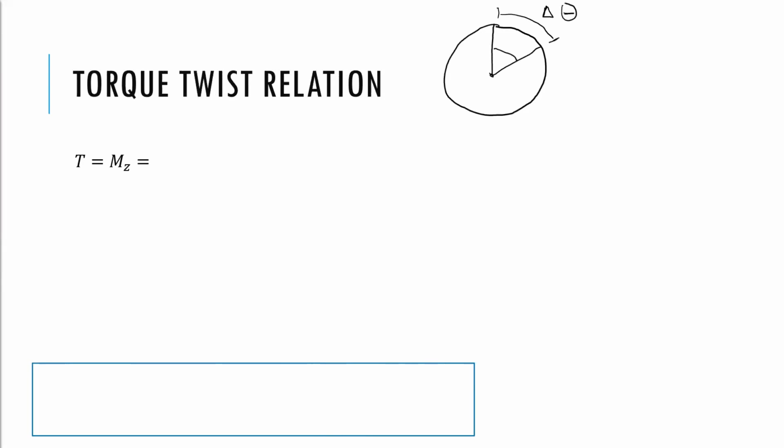And if we look at just a little small element, the distance to that element is r. So the distance to the center of that element is r. The radius is c. So if we look closer at this little element, we know that the side of that element is delta r. What is this arc length?